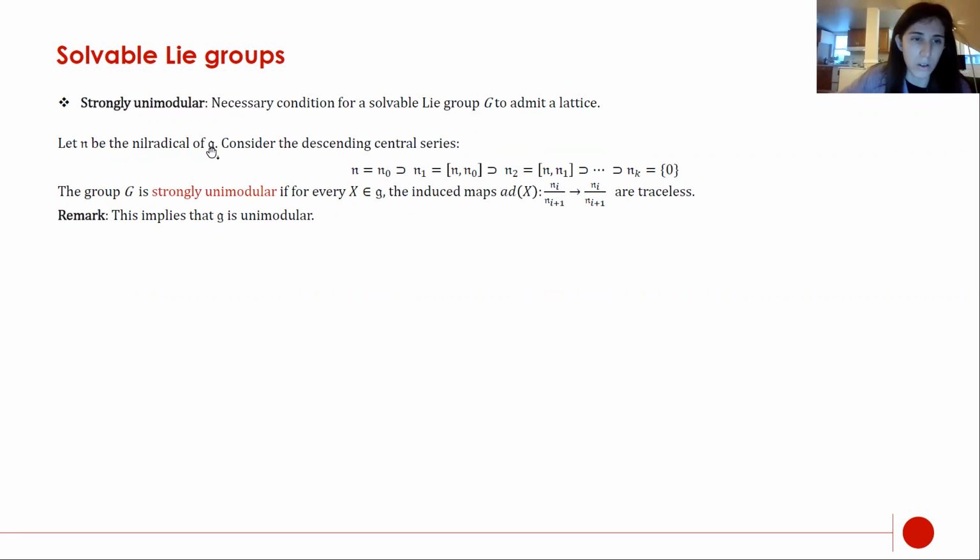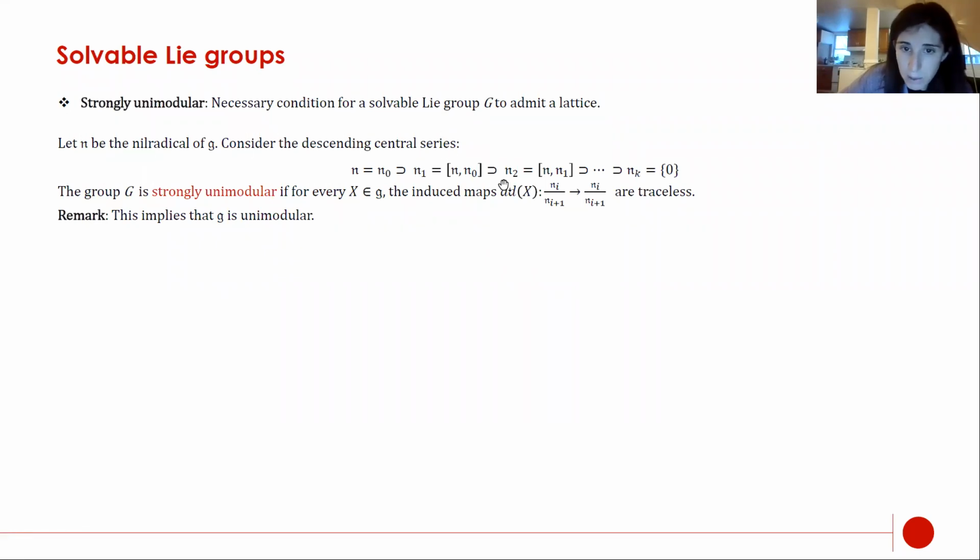So let the Lie algebra be g, and let n be the nilradical of the Lie algebra. And we denote by n0 to nk the descending central sequence. Recall that the adjoint map of every vector takes each of the elements of the sequence to itself.